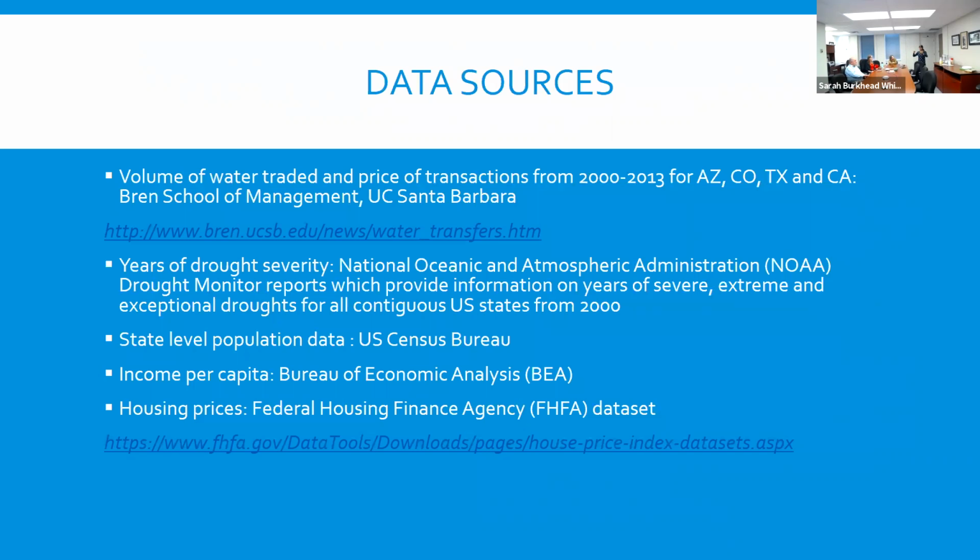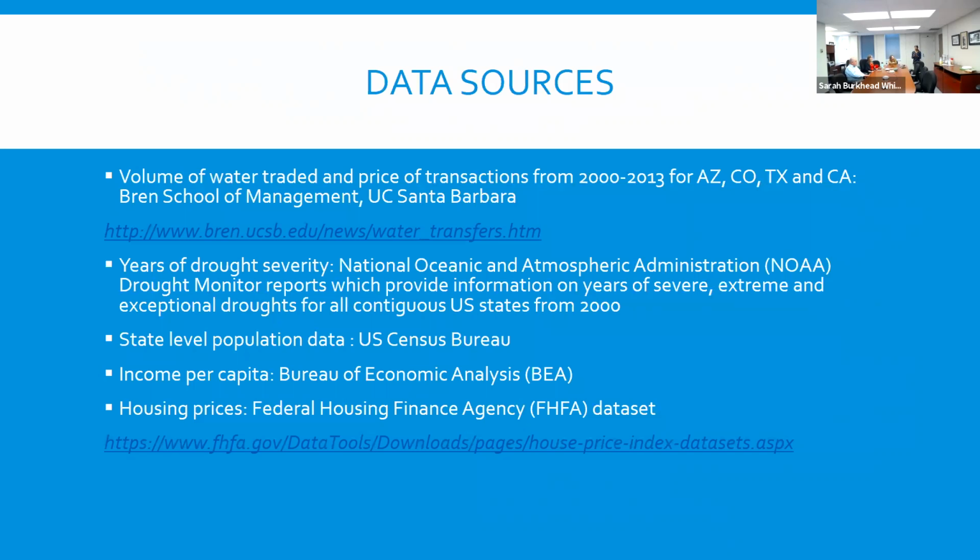I looked back, and they have actual data on which agency sold to which agency. A lot of them were municipal agencies like cities. And why do cities need water? Population is exploding. Housing development has been really high in Colorado. So I looked up some studies, and it confirmed my suspicion that housing prices do affect water price. So I also threw in the housing price variable.